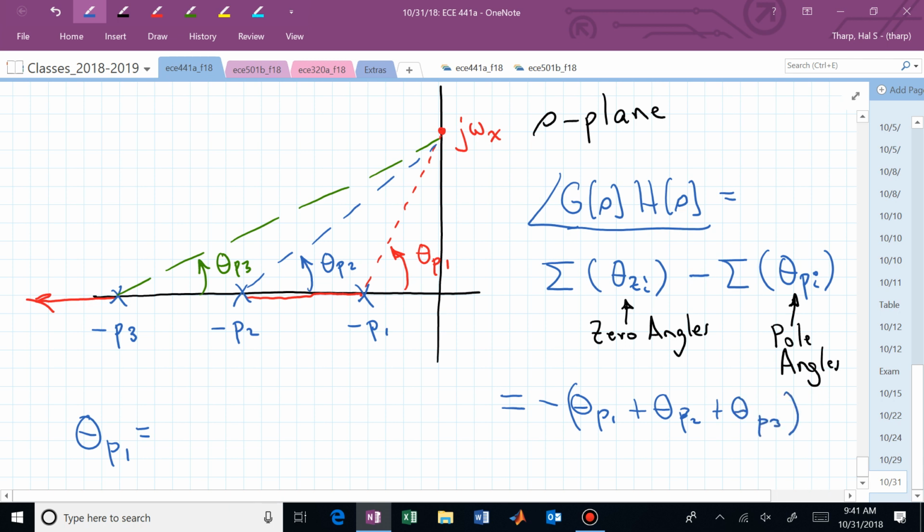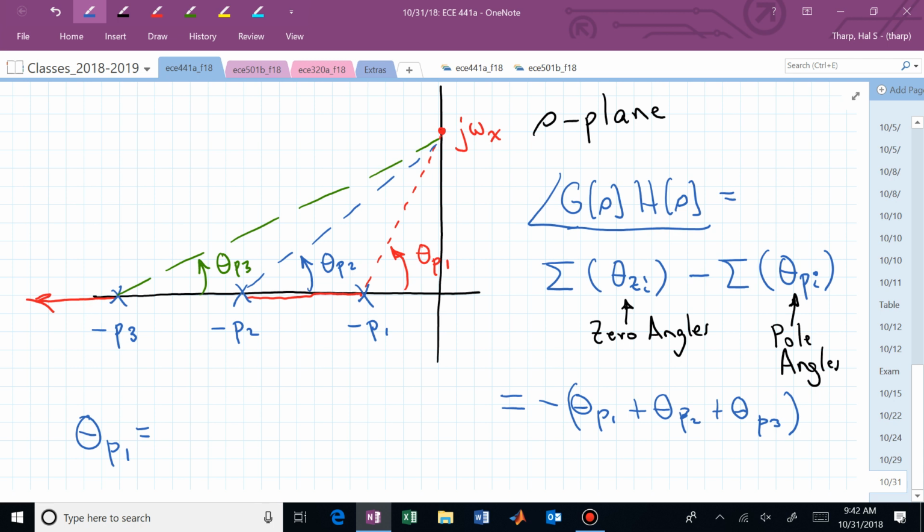I can add those up and subtract them, or subtract them individually, and that will be the phase associated with that particular collection of three poles at my imaginary axis crossing, which I've labeled as omega sub x. How do I now calculate theta P1 if I need those three angles?